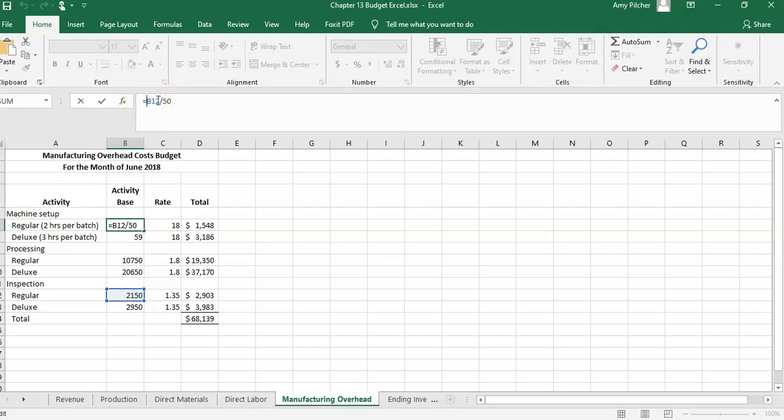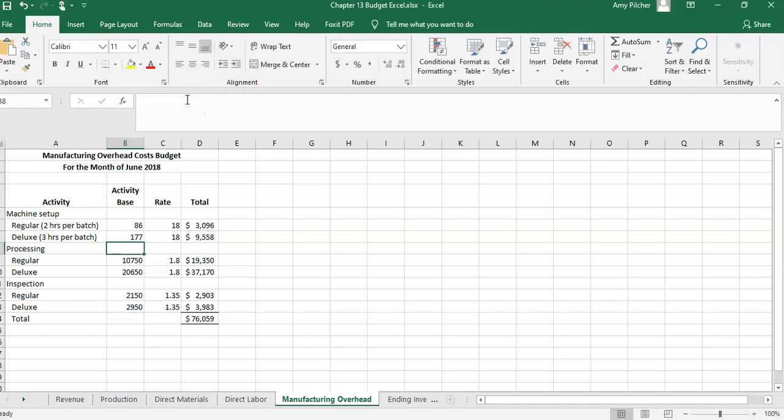And to get our batch hours, let's take that number times the number of hours. Now we have our manufacturing overhead budget.